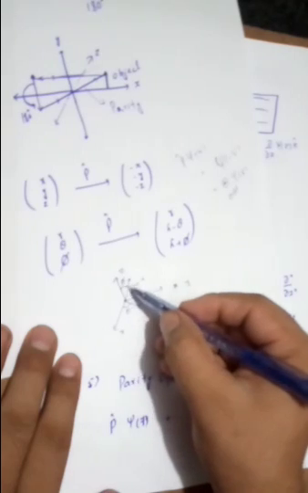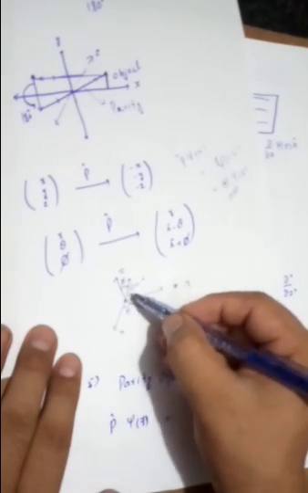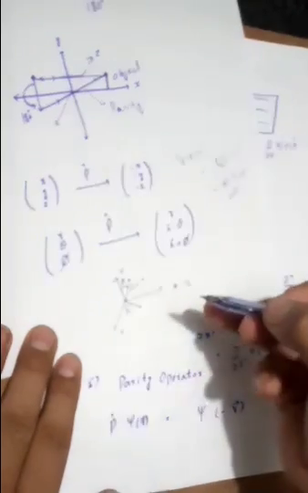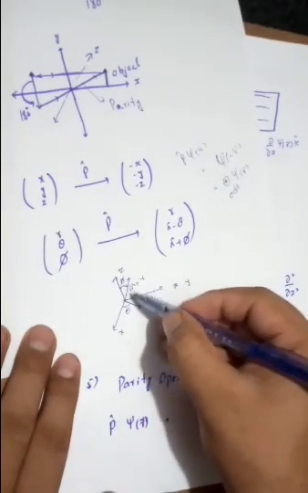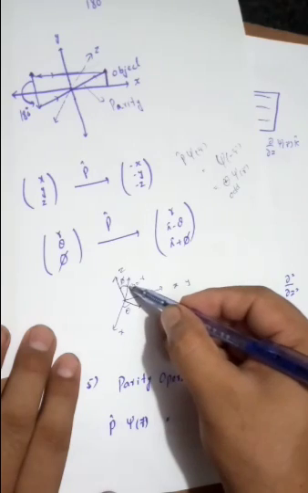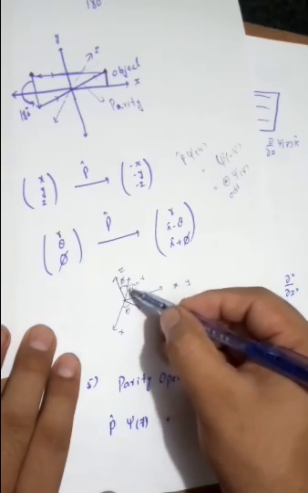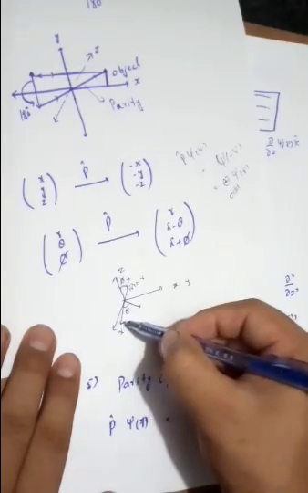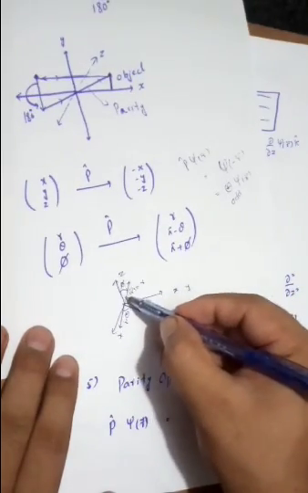If we apply a parity on the state in this system, it will reverse this position's direction, so we will get an operator r here.